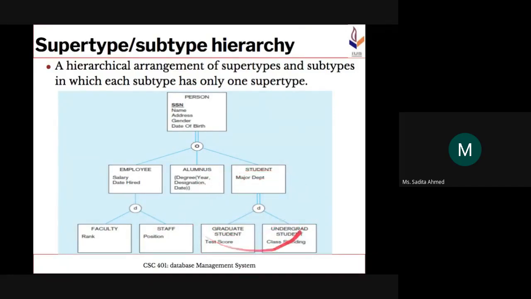How can we tell we're applying the total specialization rule? Double line. Double line, that's right. So we're following the total specialization rule; there is a double line here. From the student entity, there are double lines connected to the circle that we see here. Right? So it's following the total specialization rule.